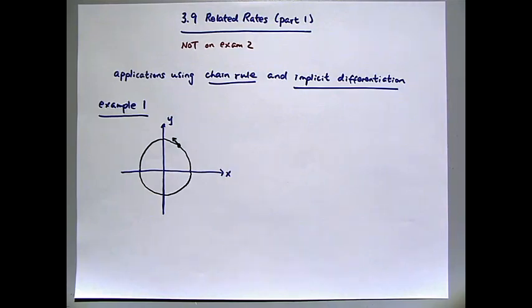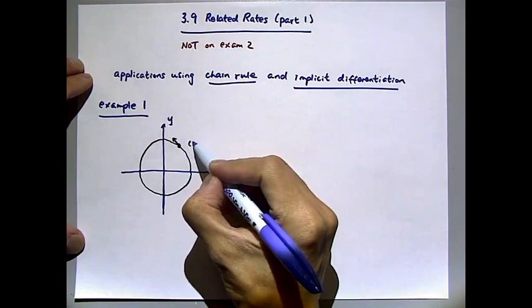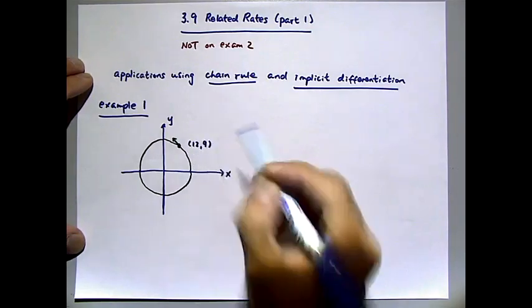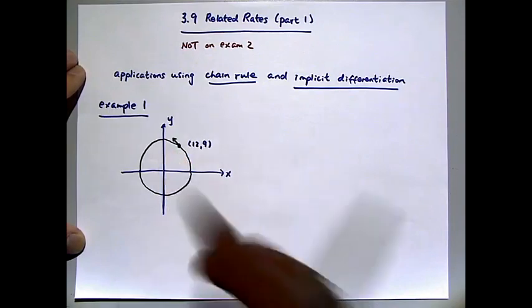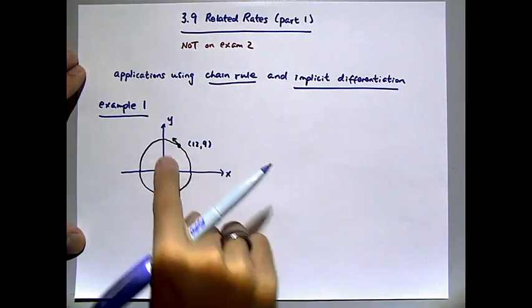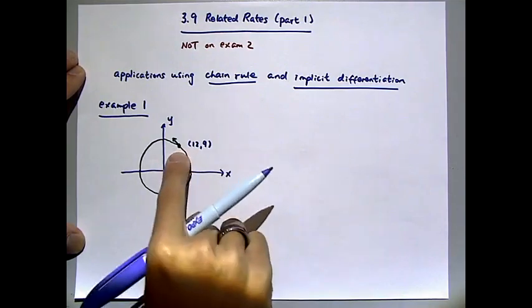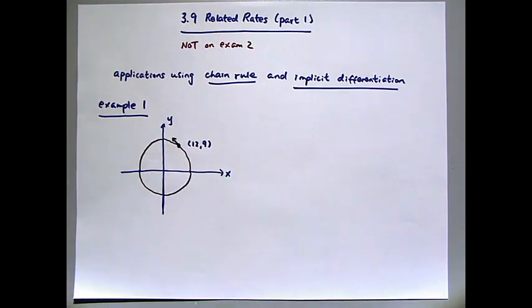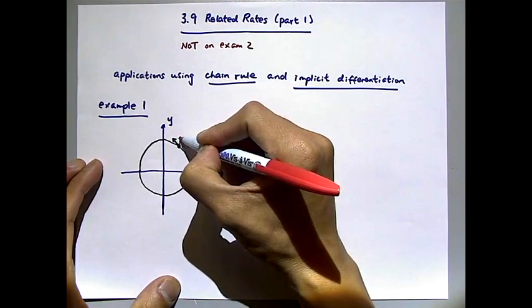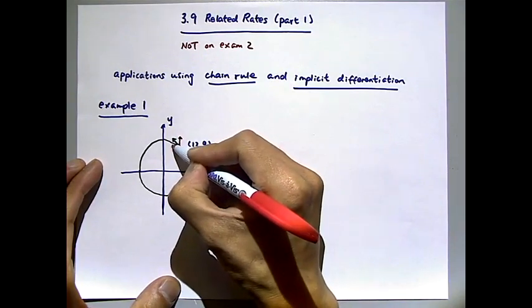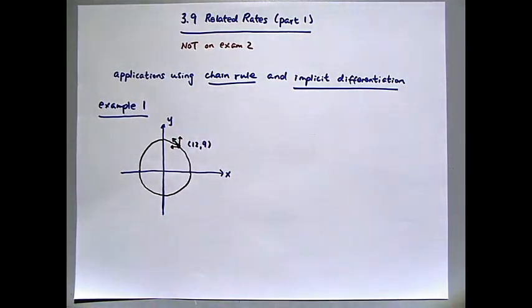And now at this specific point here, let's say this point is 12, 9. That is the direction of this bug's velocity. Velocity is tangent to your path, right? So that's the direction that this guy is going. You can think of that green arrow as made up of two other arrows, one pointing upward and one pointing to the left. So those two combined gives you that green one.